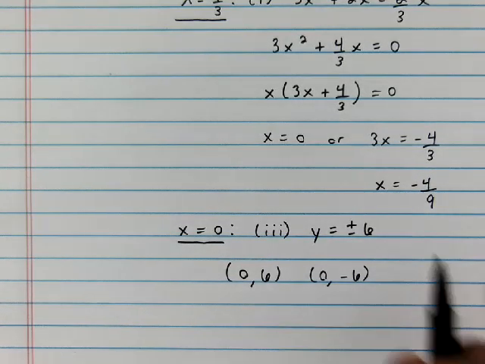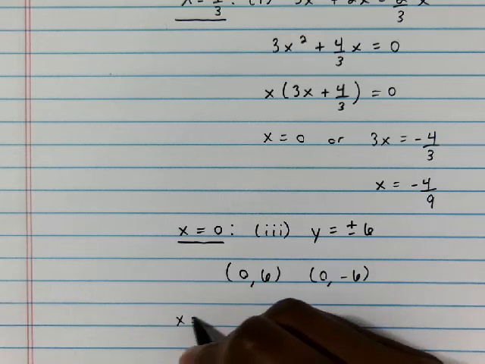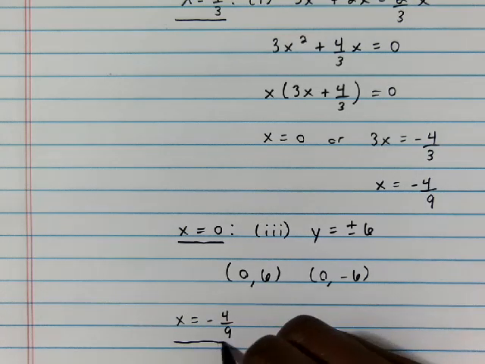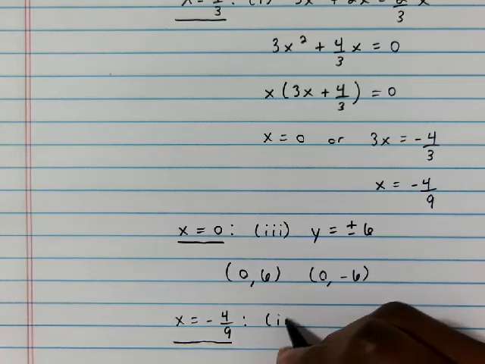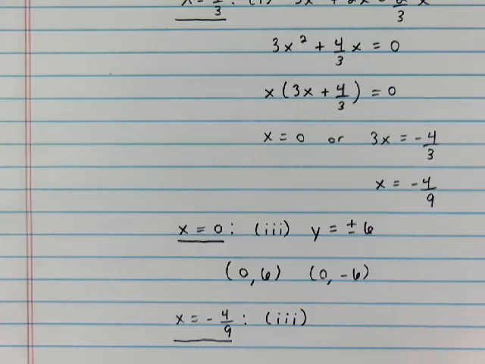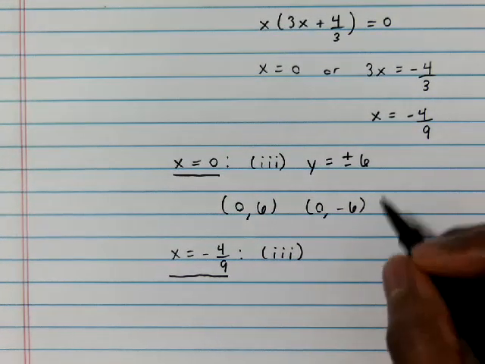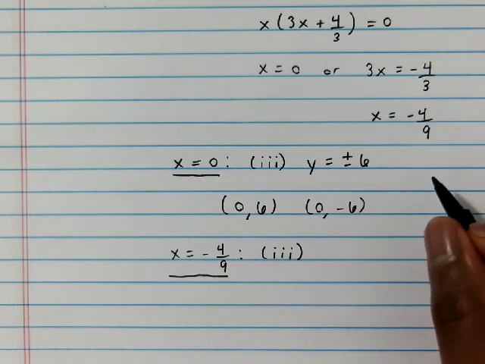And then we're going to deal with x equals negative 4/9. We're going to put that into 3. And when we do that, we're going to square this, so we're going to get 16/81.